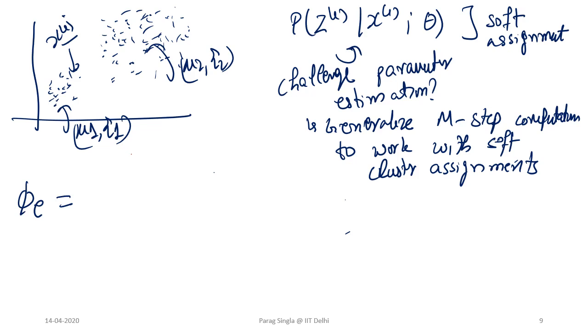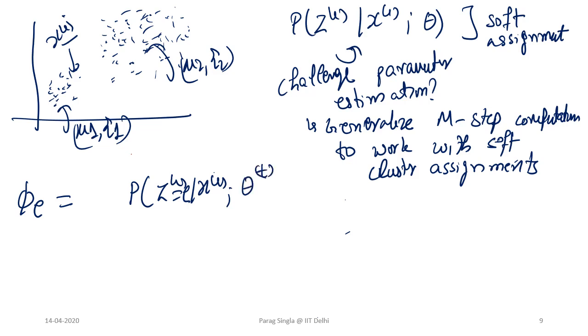Let me write the expression. The phi l would simply be, remember, we had an indicator over points which belong to cluster L, but instead of that indicator, now we have the probability of zi equal to L given xi, parameterized by the set of parameters theta t.